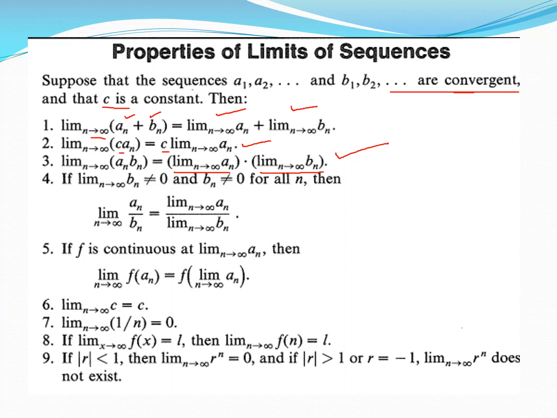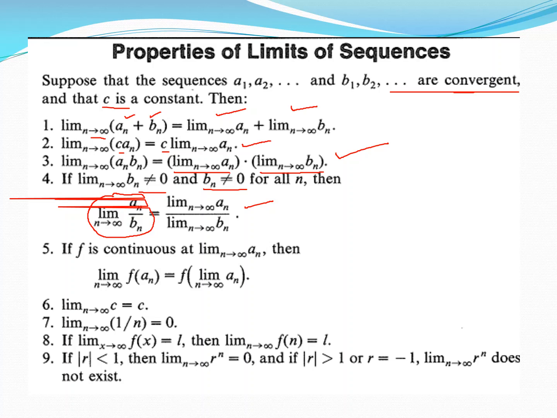Fourth property, if the limit of bn as n approaches infinity is not equal to 0 and bn is not equal to 0 for all n, then this limiting value can be written as the denominator and numerator separately, the limits of an and bn.